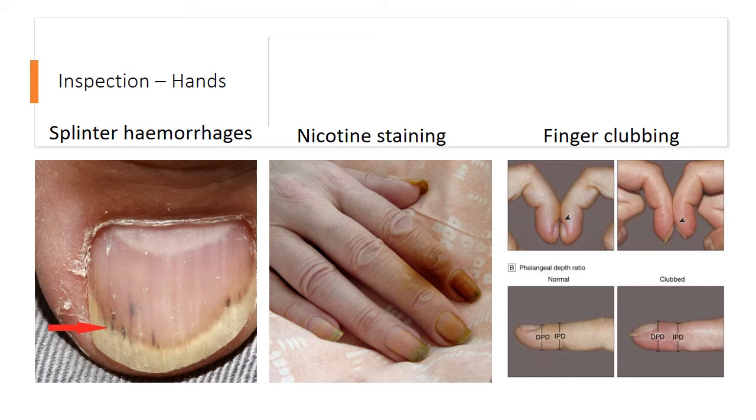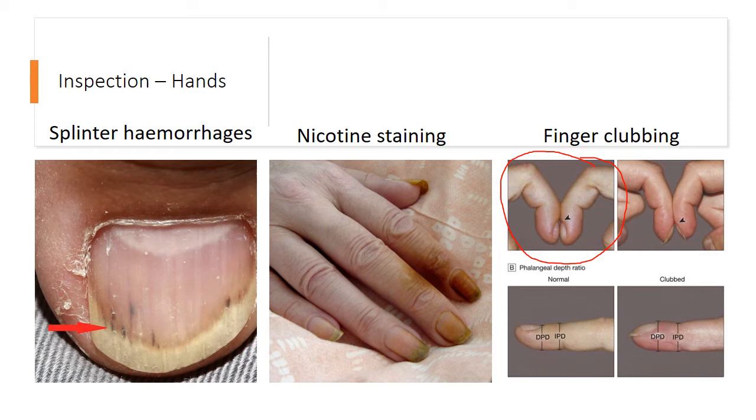So what we see in these pictures is that we ask the patient to place their fingers together as demonstrated in the image. This top left image here is a normal looking nail bed.